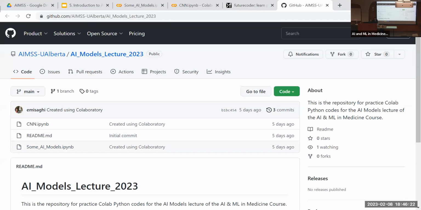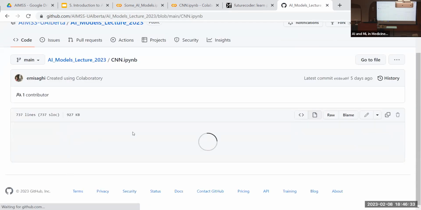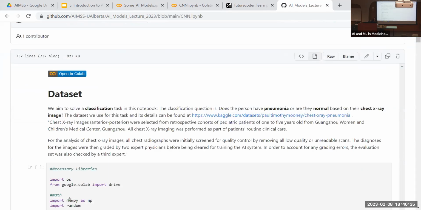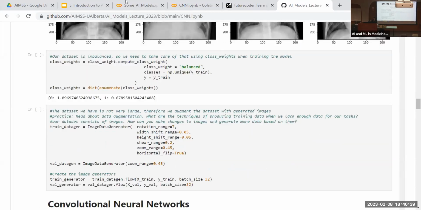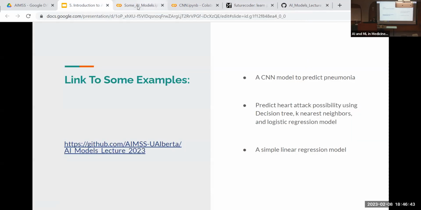If you click on the link, you can go to the GitHub page, and if you download these files, you can see them. But if you want to play with them, you can download them and then put them on Google Colab to work with them.